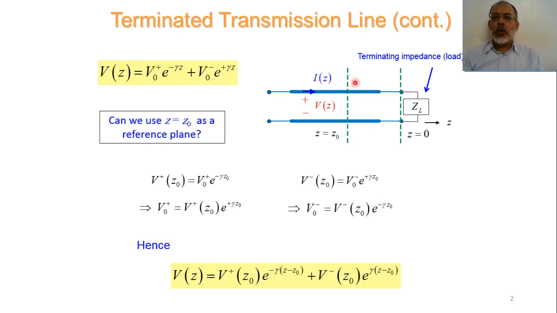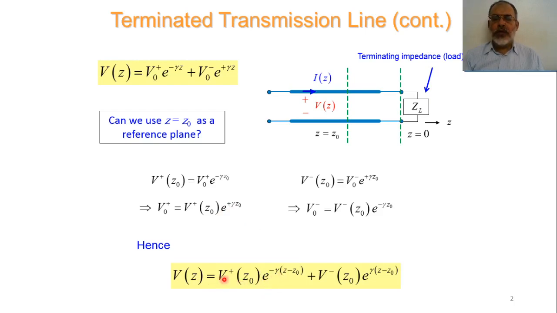Now, in terms of the forward voltage and the backward voltage at z naught, the voltage at any point z would equal V naught plus, which equals V plus at z naught e to the power gamma z naught, multiplied by e to the power minus gamma z.